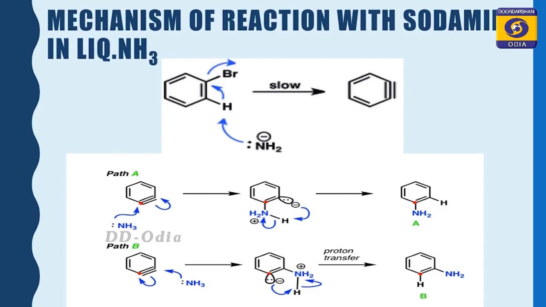Suppose it follows the path A as shown in the diagram, then you may see that the NH3 gets joined at the carbon atom which is red dotted, and thereafter the triple bond, the weakest pi bond, breaks and the electron pair gets shifted to the other carbon atom, thereby creating a minus charge.